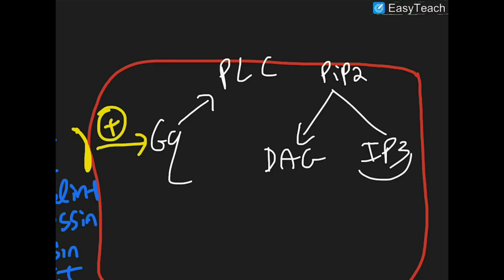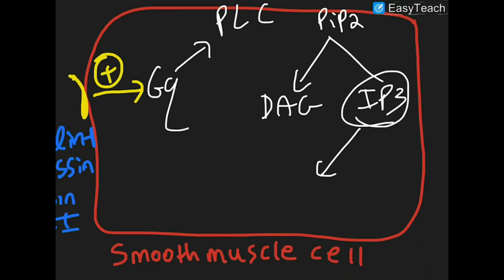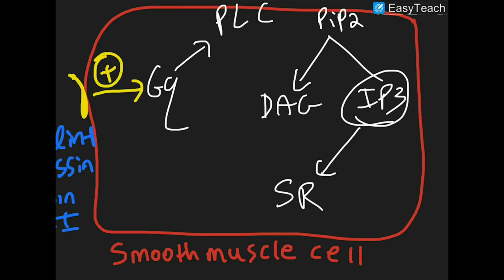And we know that IP3 can then go to your sarcoplasmic reticulum and say, hey, release calcium into the cytosol. So it's going to release a ton of calcium into the cytosol.